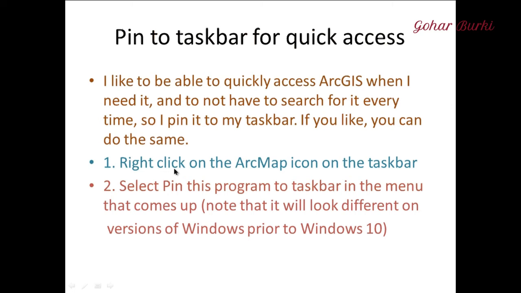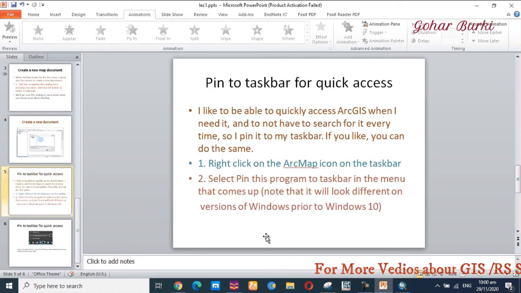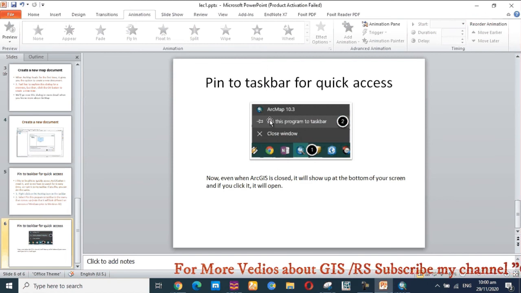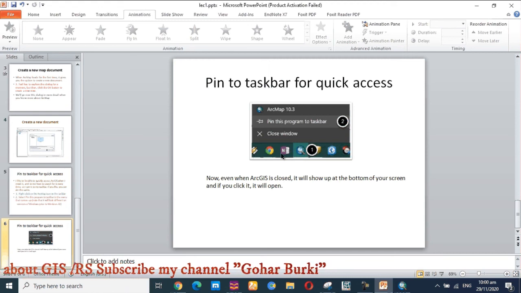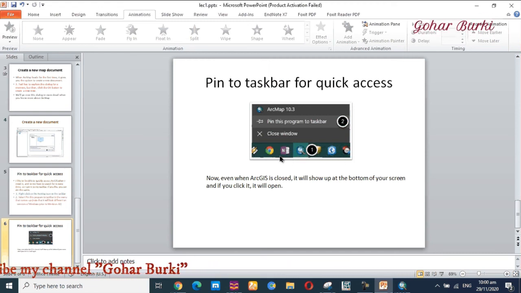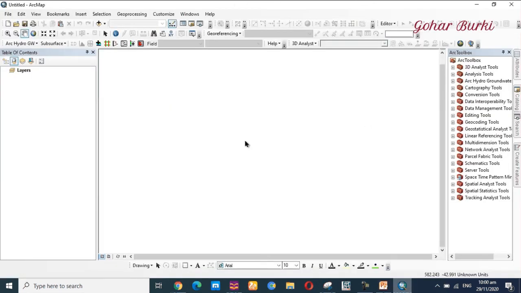Click on the ArcMap icon on the taskbar and select Pin to taskbar in the menu that comes up. Note that it will look different on versions of Windows prior to Windows 10. It's okay. It looks like this, that you see on the screen. This is the taskbar, and you pin ArcMap for quick access.